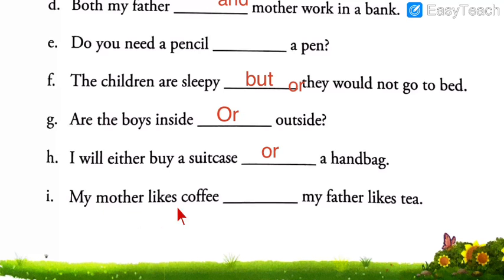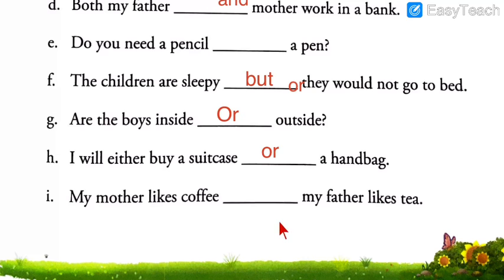Similarly, sentence I. My mother likes coffee dash my father likes tea. I hope you can just imagine what the answer can be now. Your time starts now. 1, 2, 3, 4 and 5. What will be the answer?